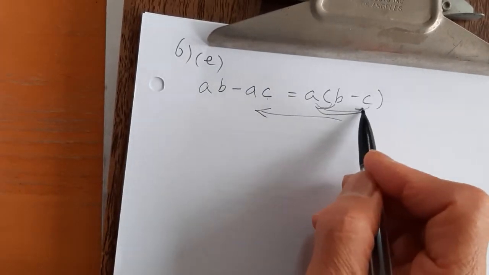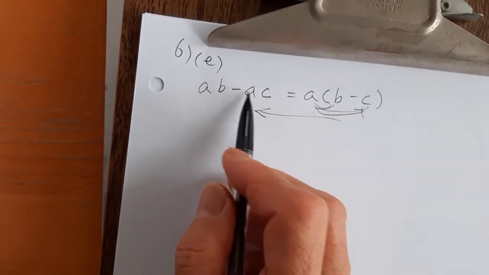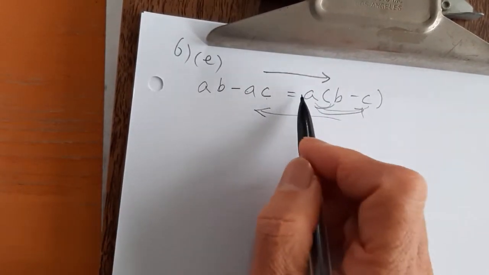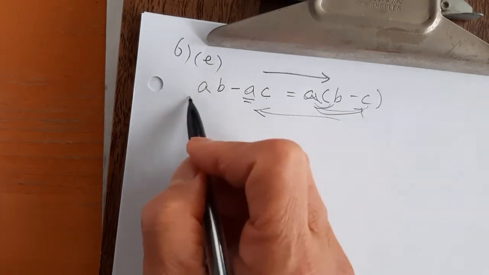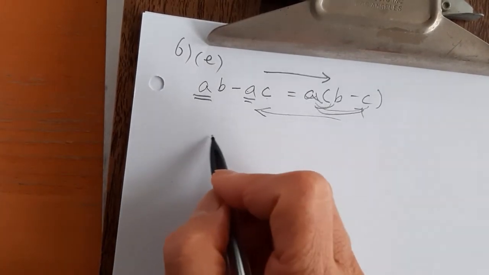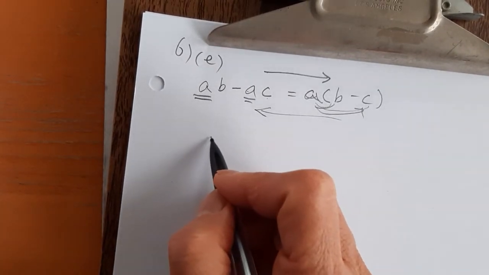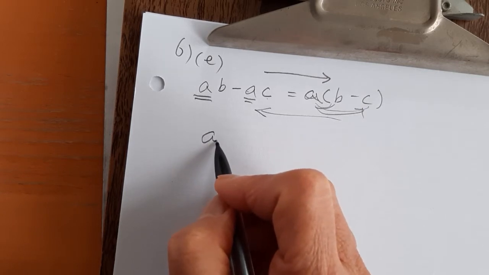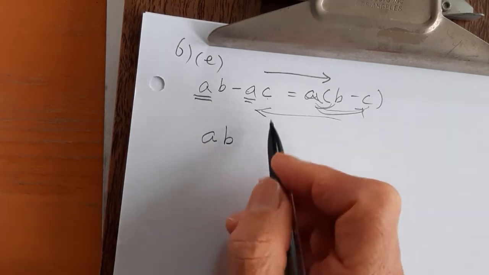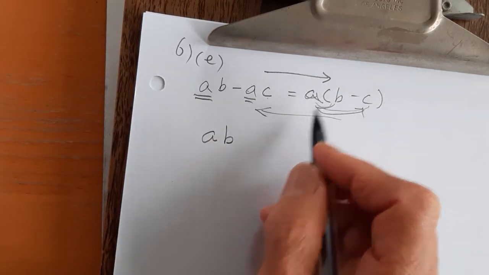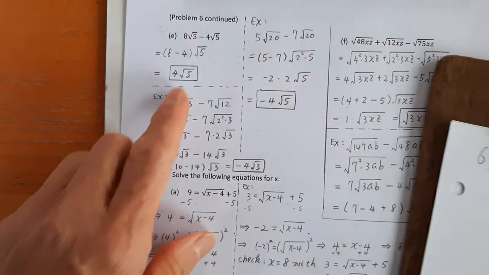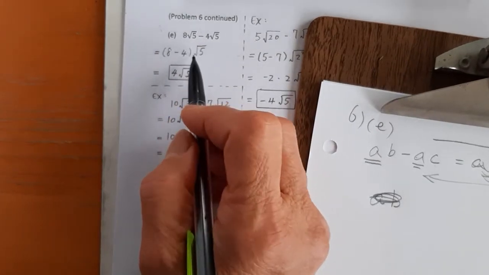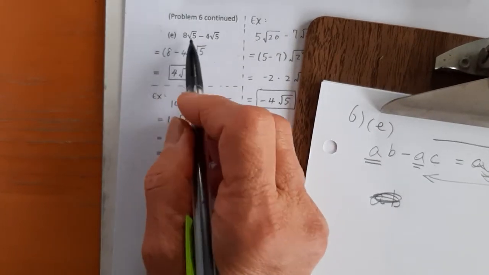AB minus AC from right to left, you do multiplication, distribute in, get AB minus AC. From left to right, do factoring, factor out the common factor A. So this one also you can factor out common factor square root of 5, and then parenthesis 1 minus 4.